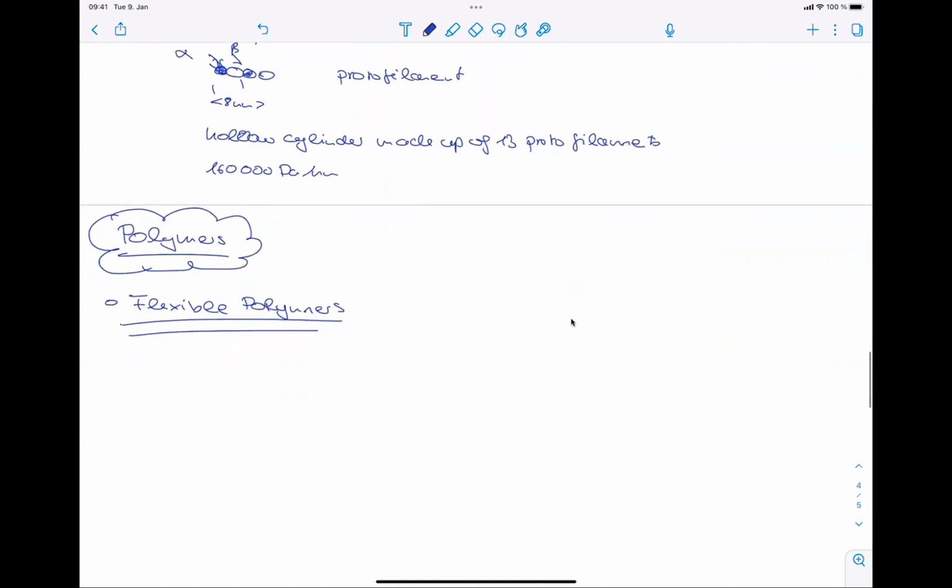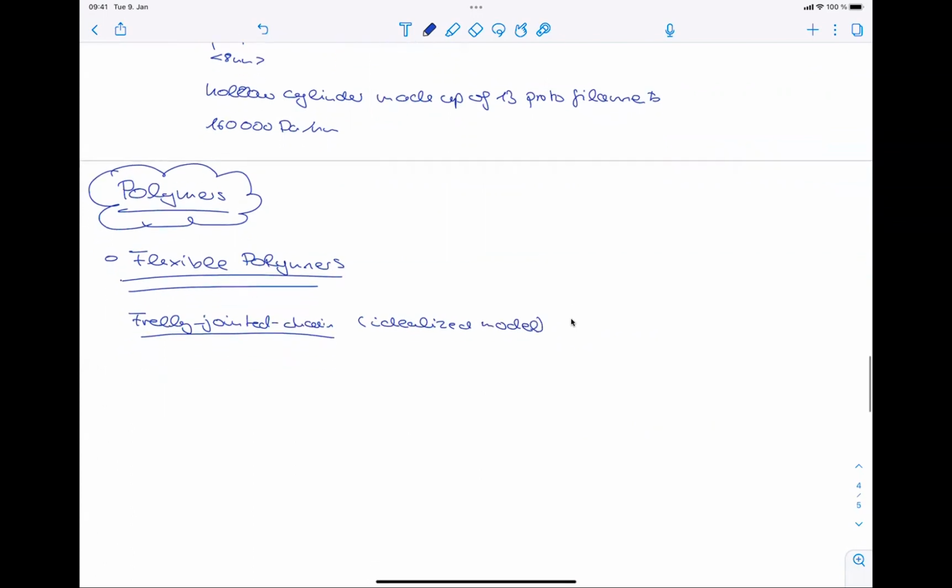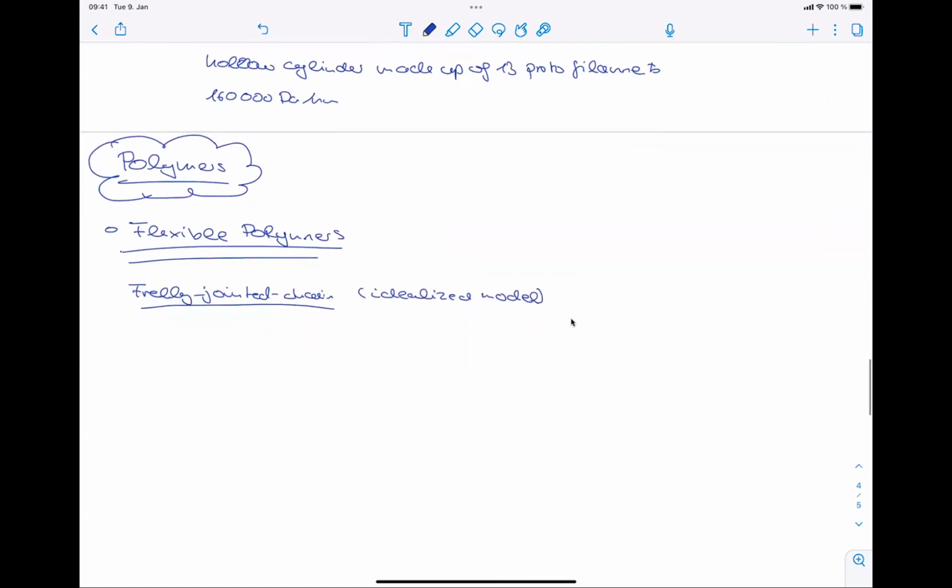And so to describe flexible polymers, the first model that I want to introduce to you is the freely jointed chain, which is an idealized model which nicely captures the physics of flexible polymers, and allows us really to learn a lot about the physical properties.